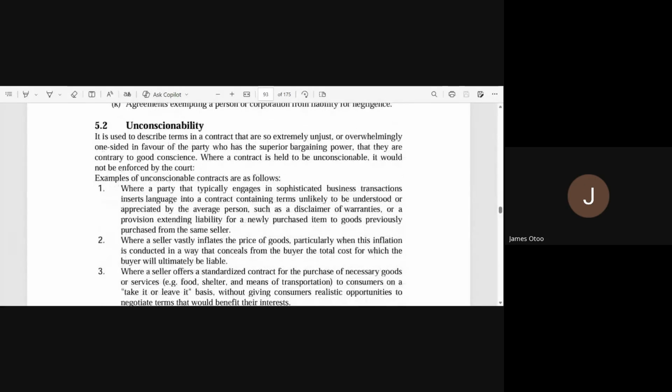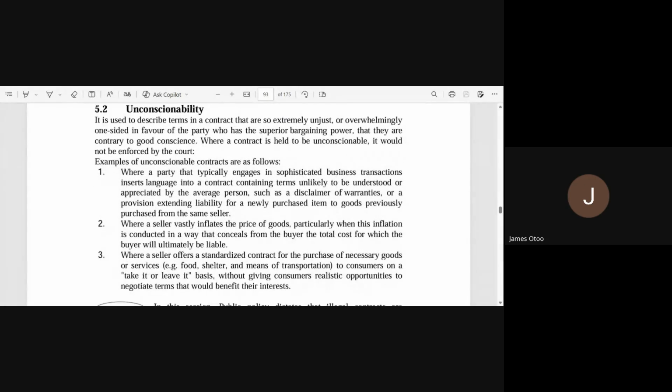The next point I want to talk about is what we call unconscionability. Unconscionable means that no reasonable person in his right senses will do that. And a contract which is unconscionable will not be enforced by a court.